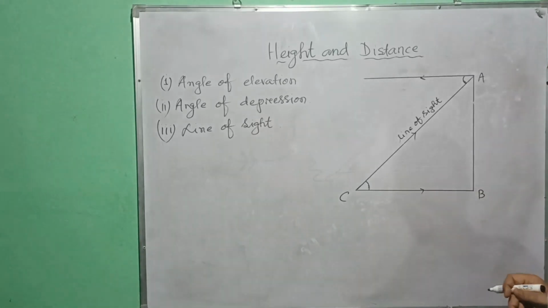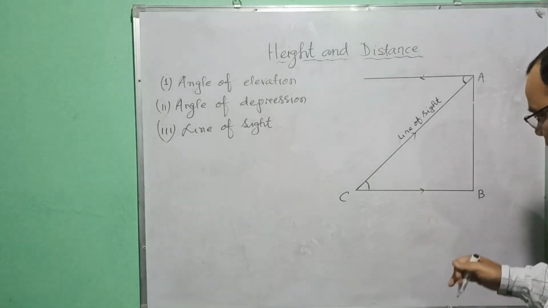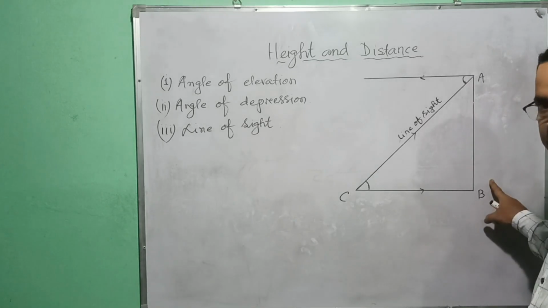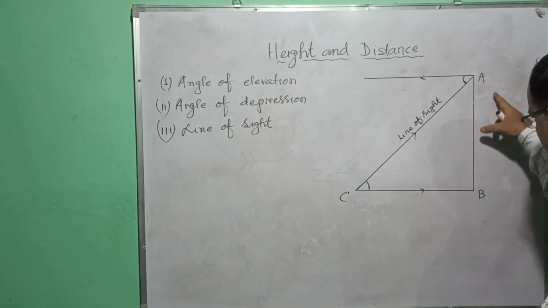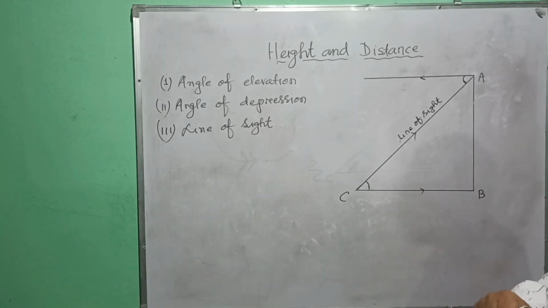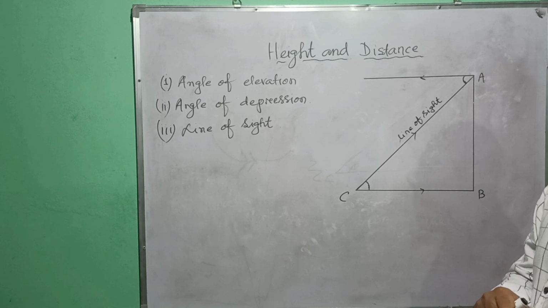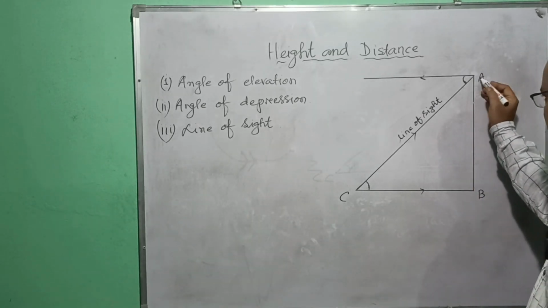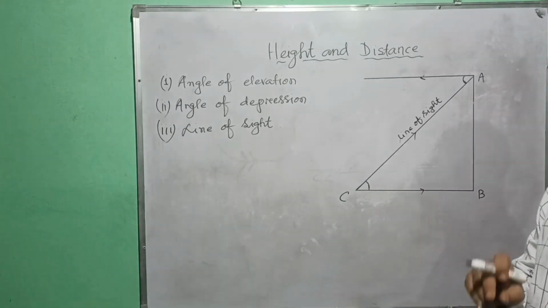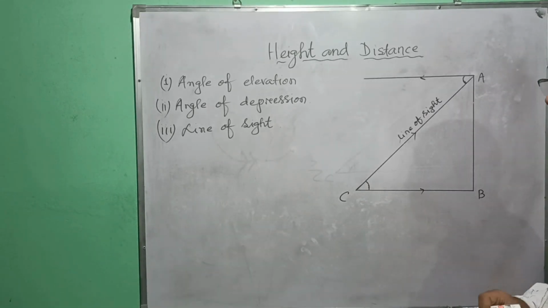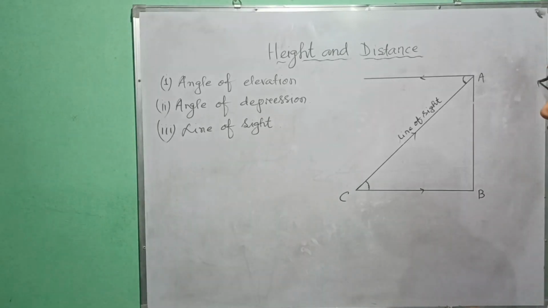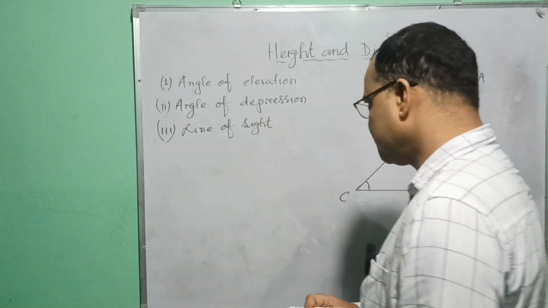If our question is to find the base, and AB is given, then it is related to perpendicular and base, so we'll take tan, tangent, or cot, cotangent. And if it is related to hypotenuse and base, then we'll take sine or cos. That one you have to remember. If you can remember this, there will be no problem even if any complex questions are given.